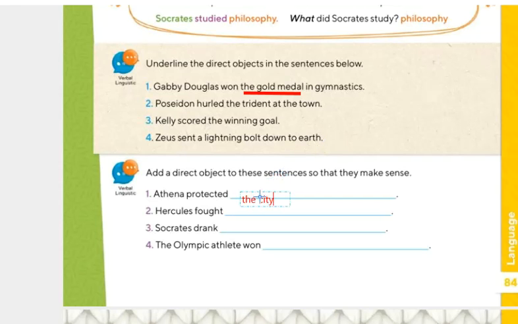Okay, this should be uppercase, but it's okay, all right? Athena protected the city. That's the direct object. So you have to continue adding direct objects that make sense with these sentences, okay? So this was the work for language.